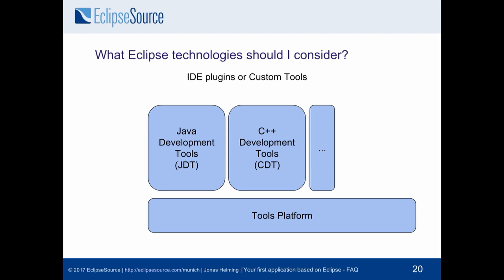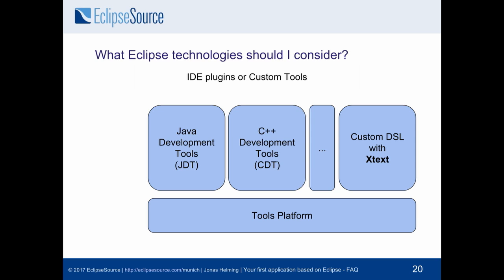If you want to develop IDE plugins or a custom tool, the most prominent frameworks are definitely the Java development tools, JDT, and the C development tools. There's quite a number of other existing IDEs too for different languages like PHP or JavaScript.